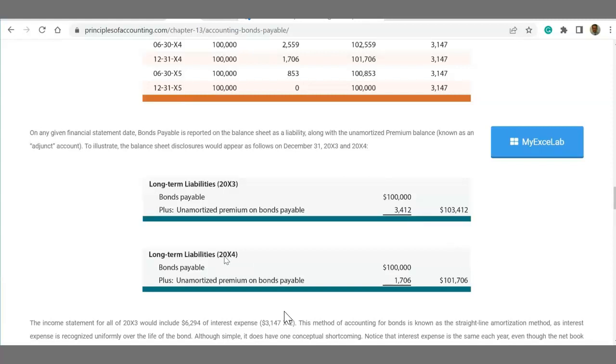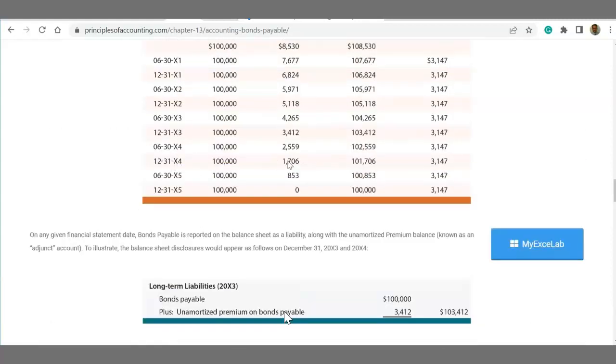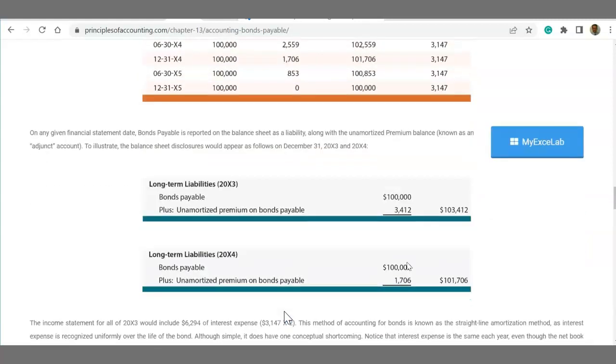At the end of year 4, it's 100,000 plus 1,706, which is here. At the end of year 5, it's just 100,000. So this is what shows in my balance sheet every year.